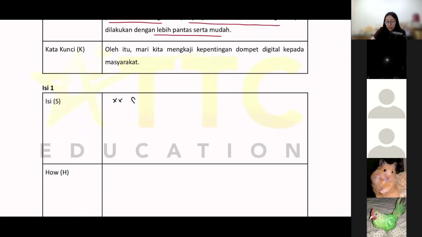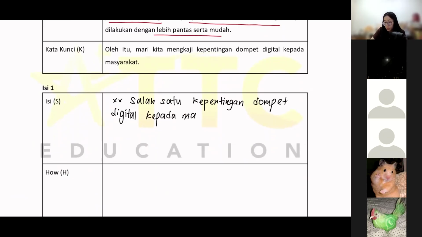Okay, so salah satu, one of it. Remember, if you use salah satu or antara, you cannot put kata ganda already. So: salah satu kepentingan dompet digital kepada masyarakat termasuklah.